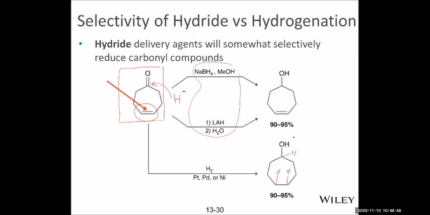It must be syn. So we add hydrogen on both. That's the difference between the two kinds of reagents. The hydride will reduce only the carbonyl. Hydrogenation reduces any unsaturated bond, triple or double or any kind.